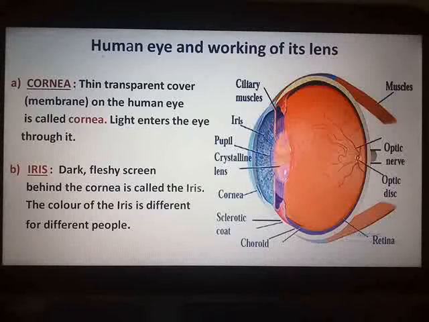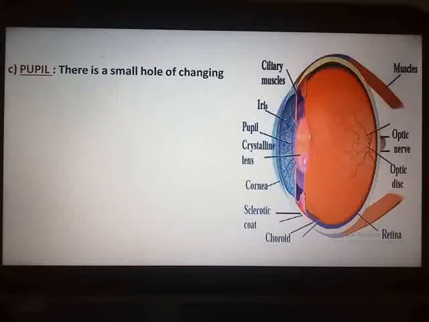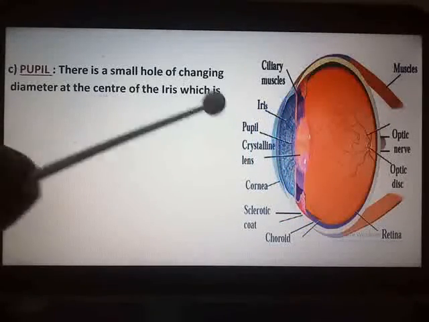This is the unique character of the iris, and we have heard people say you have cat eyes or the color of your eyes is brown. So today you have come to know that it is the iris which gives a specific color to each eye. After the iris, we come across the third important part of the eye, that is the pupil.